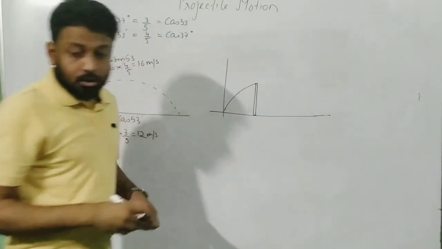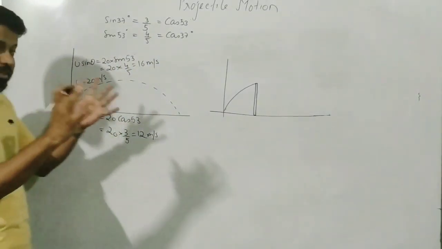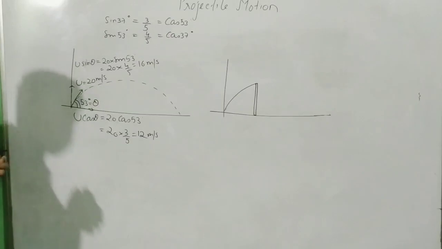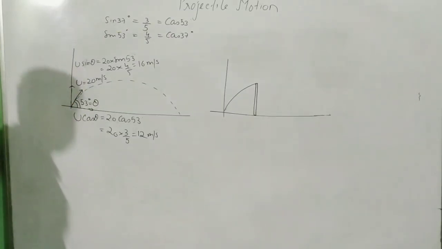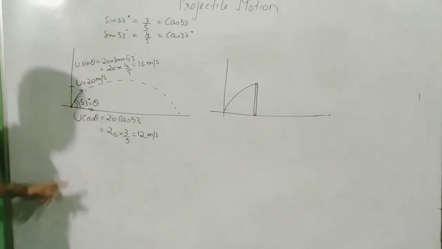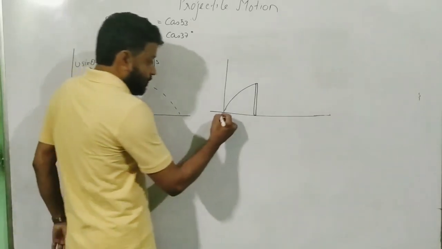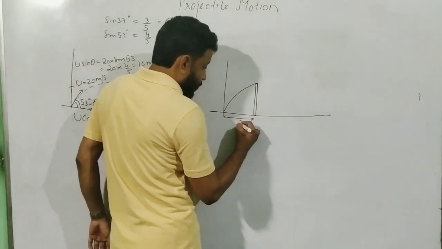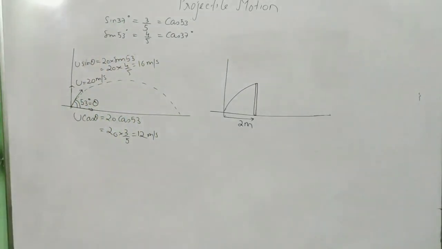Now the actual scenario is not being mentioned to you. The question just says like this, that a body is projected with a velocity of 20 meter per second, projected at an angle of 53 degree.